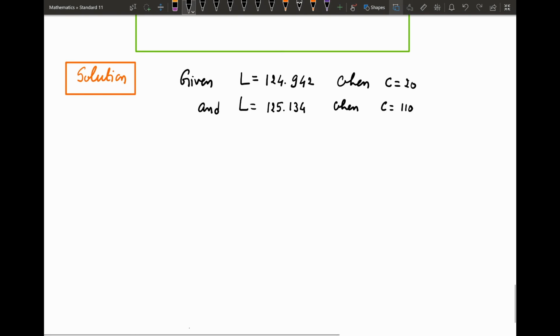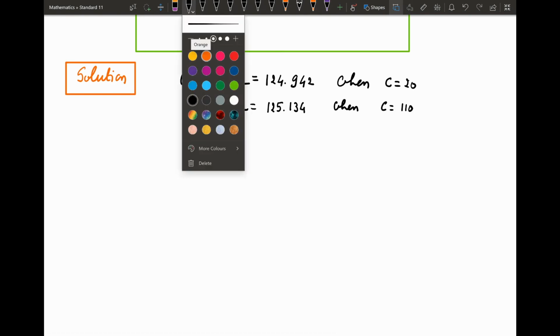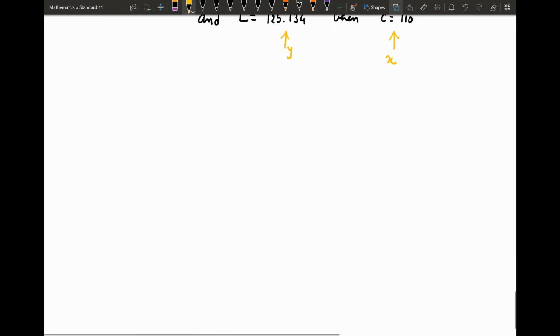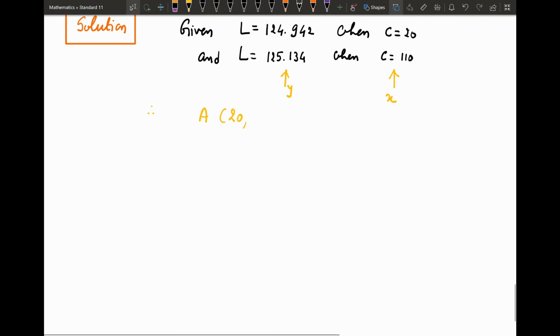As we have discussed earlier, we will consider this one as the x coordinate and this one as the y coordinate, and we will form a point, and therefore 2 points: A is 20 comma 124.942 and B is x coordinate 110, y coordinate 125.134.